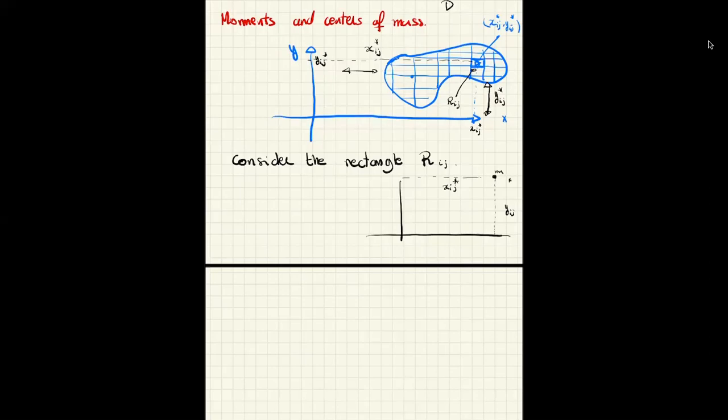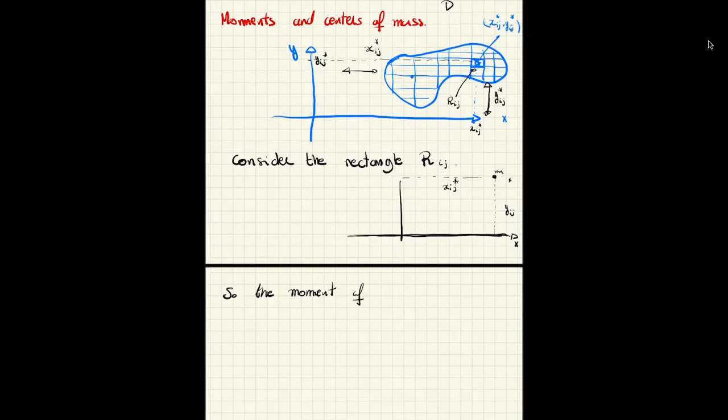We take the mass m and multiply by the distance from the x-axis. So the moment is a definition: the moment of a mass with respect to an axis is the mass itself times how far the mass is from the axis.